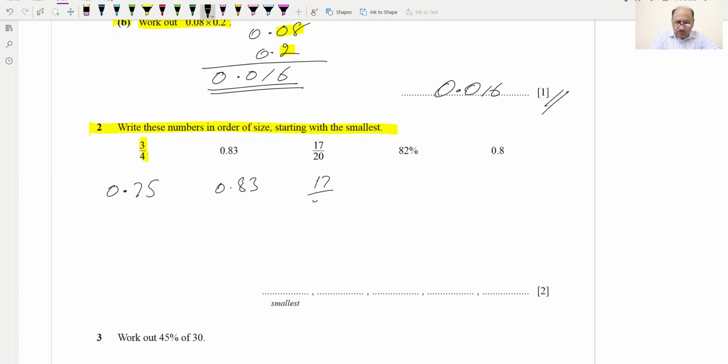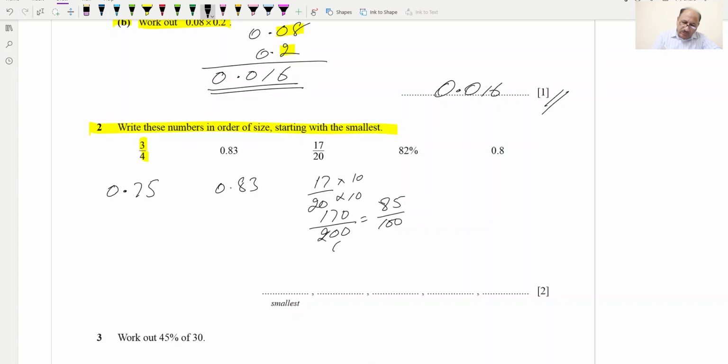We can change the denominator into 100, so multiply by 5, so it will be 85 over 100, and this will be 0.85.